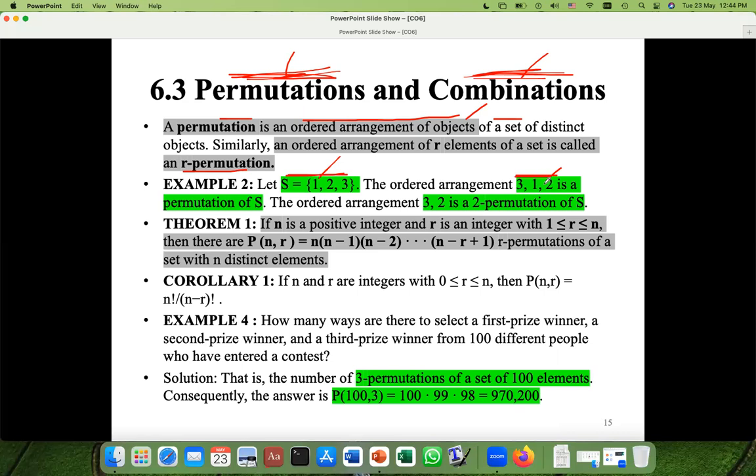If you change the order to 1, 3, 2, that would be a different permutation, not this one, okay?